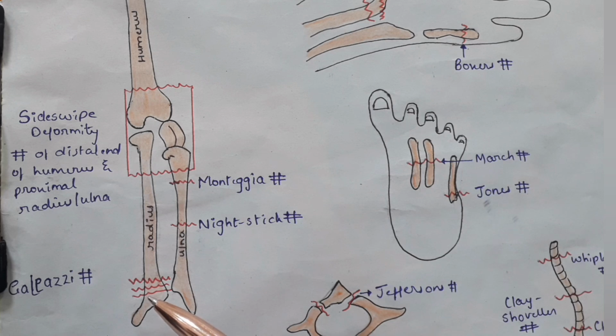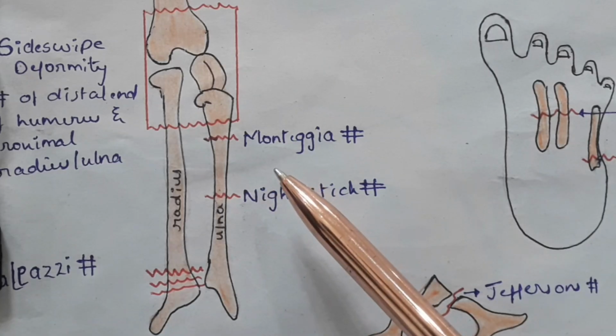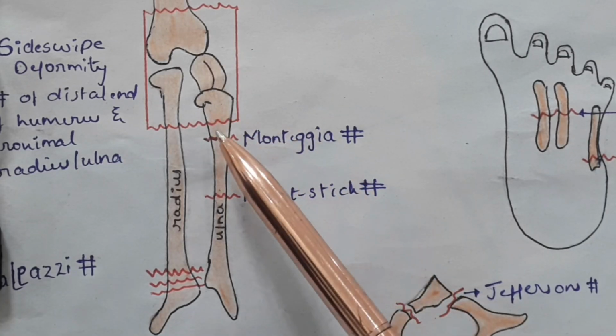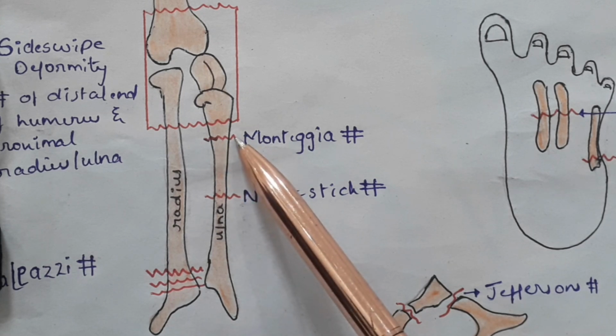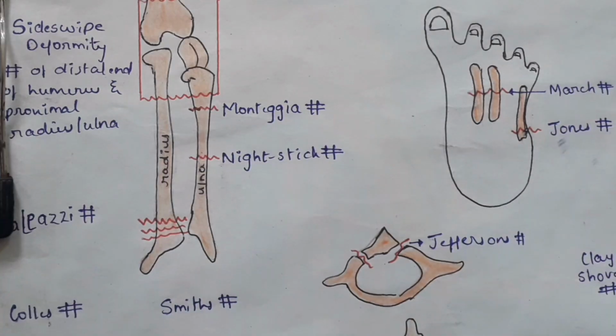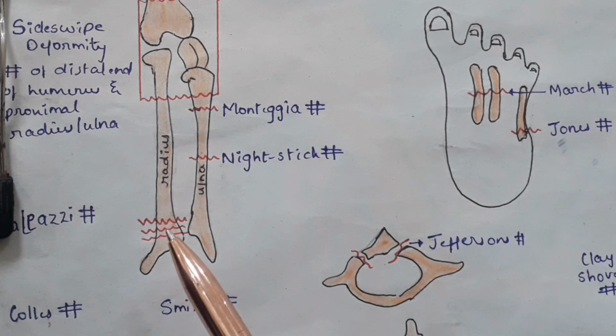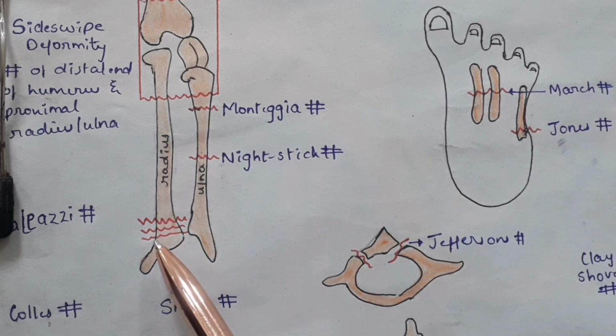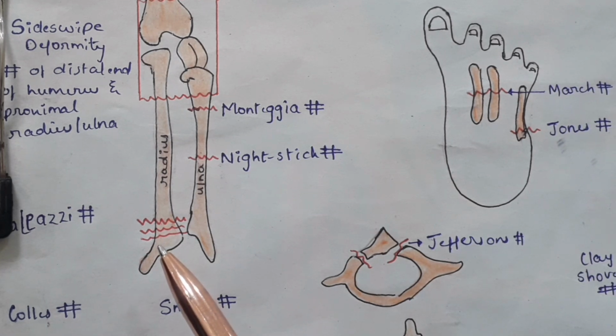It is a fracture of the distal third of the radius with dislocation of the distal radio-ulnar joint. Monteggia fracture is a fracture of the proximal third of the ulna with dislocation of the head of the radius. Smith's fracture is a fracture occurring in adults at the corticocancellous junction of the distal end of the radius with ventral tilt and other displacements.